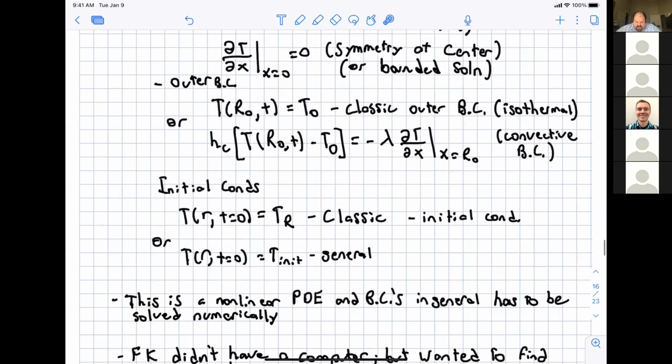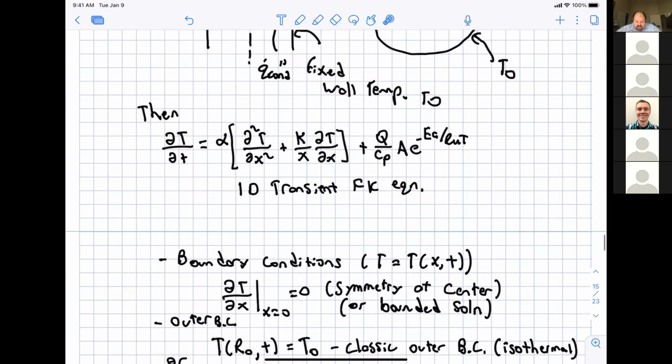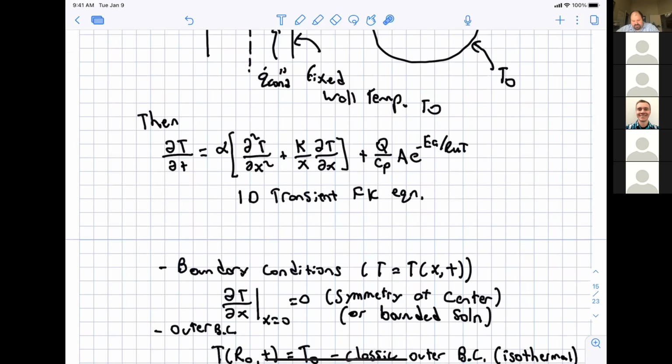So here with Frank-Kamenetsky, it is no longer a zero-dimensional solution. It is almost the same as the Semenov, except for Semenov, we did not have this heat conduction term here. With this heat conduction term, that adds a spatial dependence to our temperature profile, so we can account for the non-uniformity of temperature in our object.